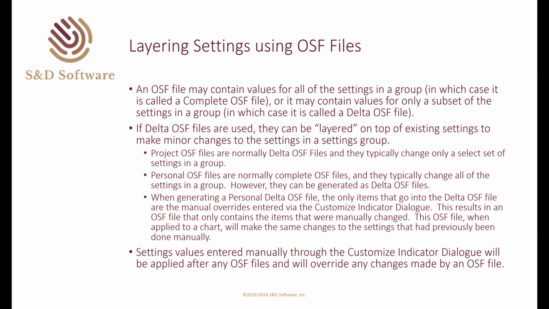So for instance, we'll look at the case that I actually use. I have an OSF file that's set up as a Delta OSF file, so it only contains a few actual entries. And it's set up as a skins OSF file for the chart tool.